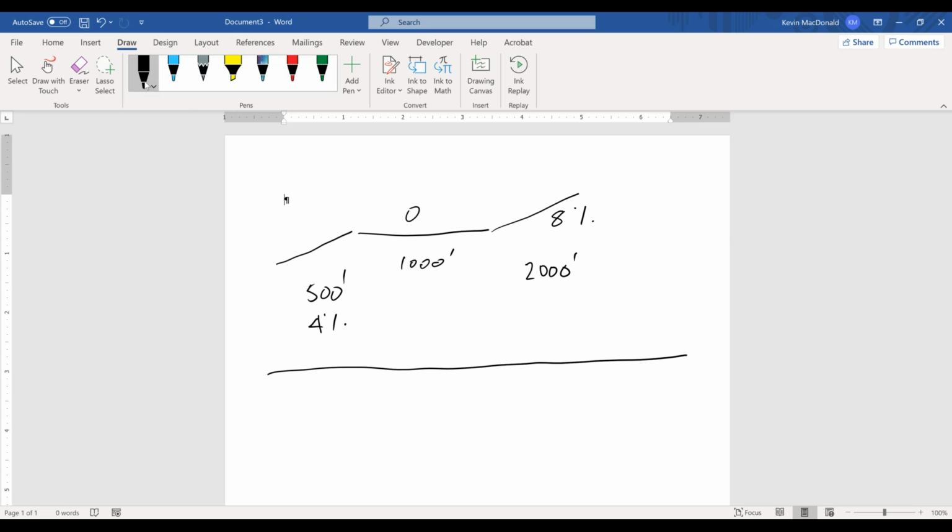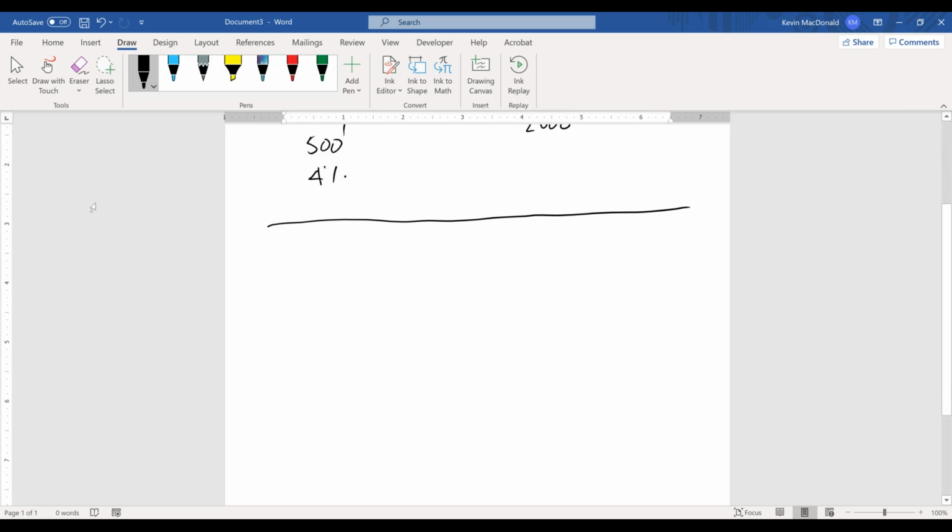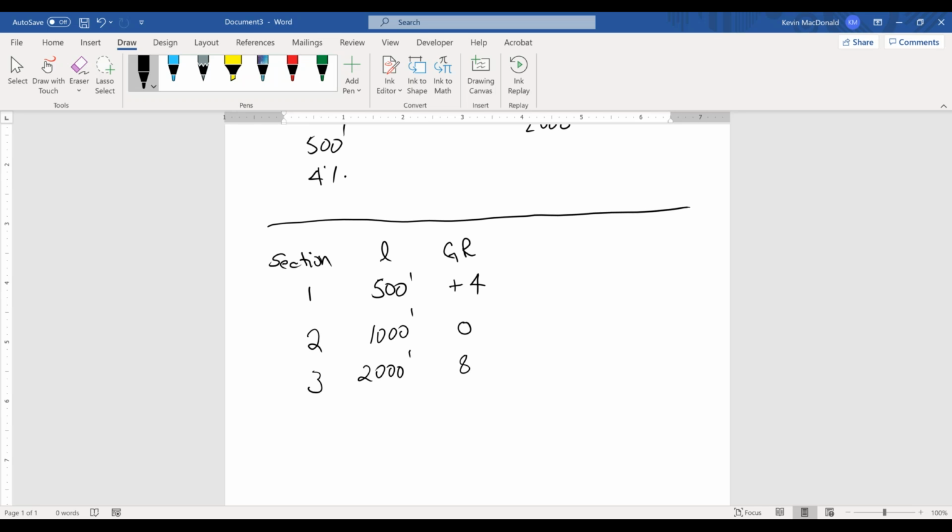We need to come up with our total resistance in each of these cases. So how are we going to do that? Well, we have section 1. Its length is 500 feet. Its grade resistance going up is +4. Section 2, its length is 1,000 feet. Its grade resistance going up is 0. And section 3 is 2,000 feet long, and its grade resistance going up is 8%.